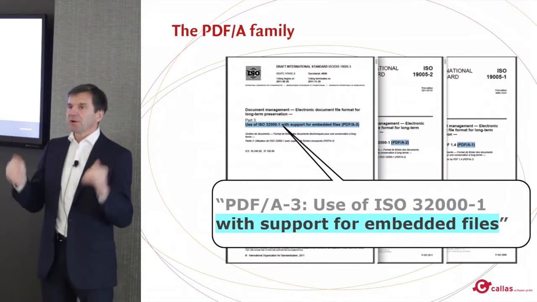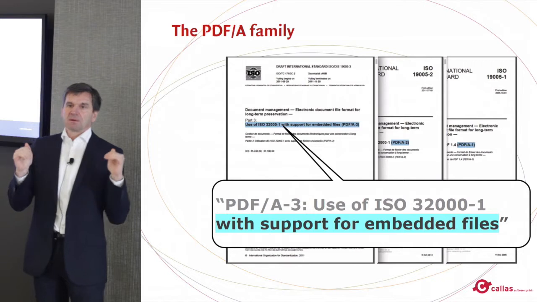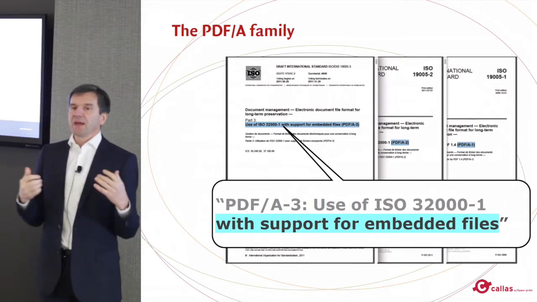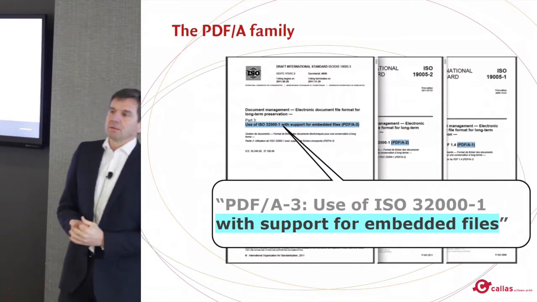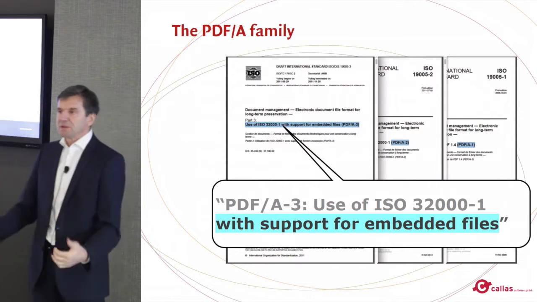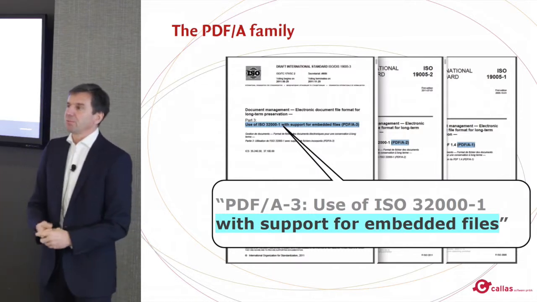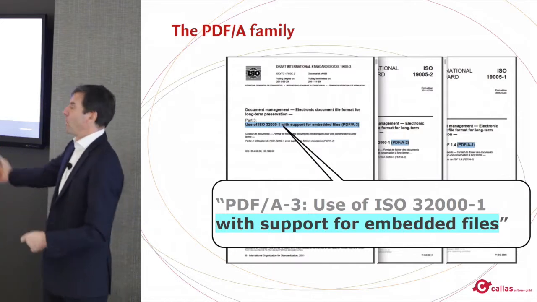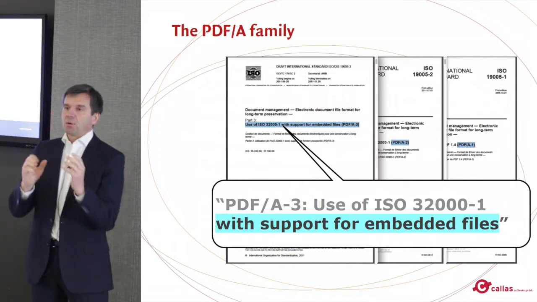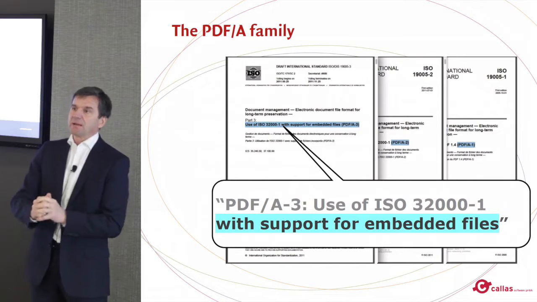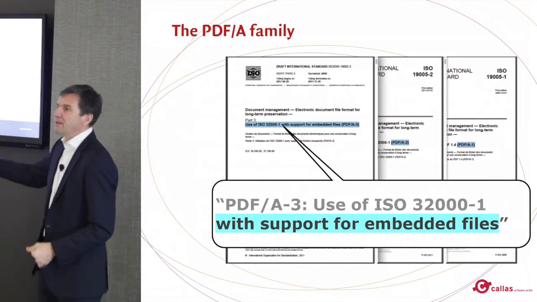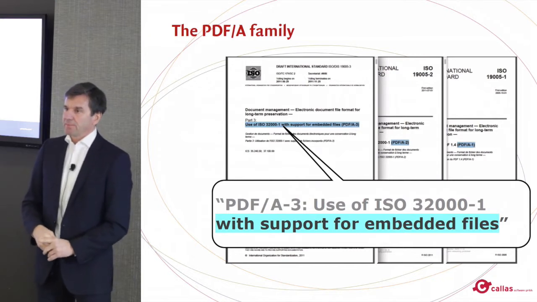PDF A in general defines a subset of things that you can do in PDF, and that will make sure that this PDF file can be used in each and every environment today, and also in the future. So it does not just define how the PDF has to be designed, it also defines how a PDF is to be displayed in a PDF A compatible way.